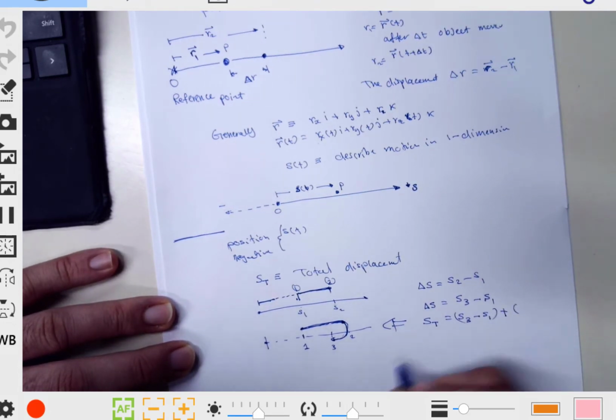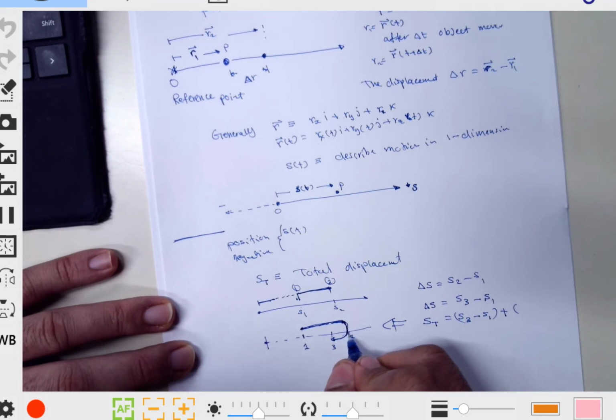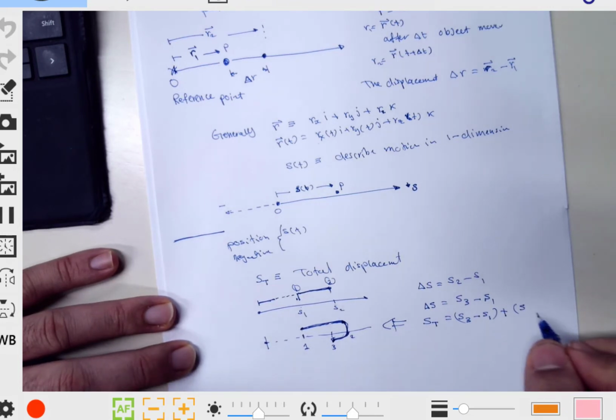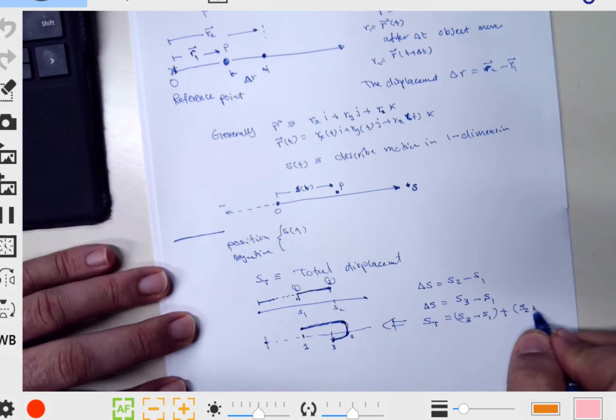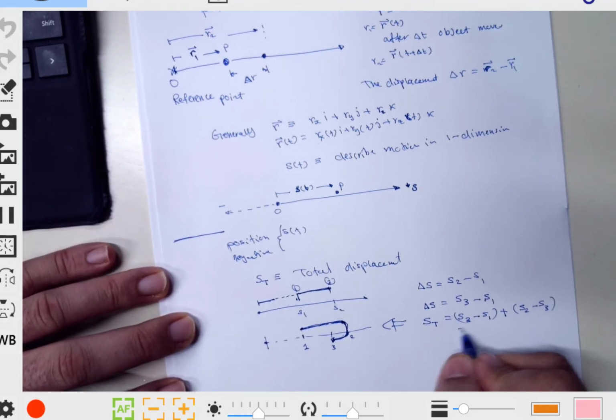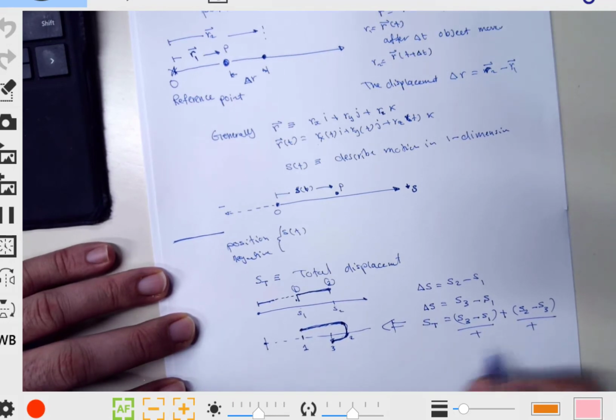Plus this portion, let's consider that this is what happened, S3 minus S2, or let's say because of the positivity, S2 minus S3, right? Because they should be positive, we are adding.